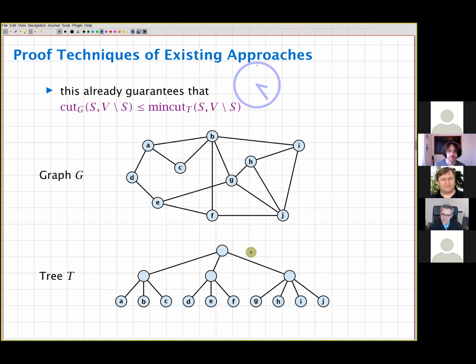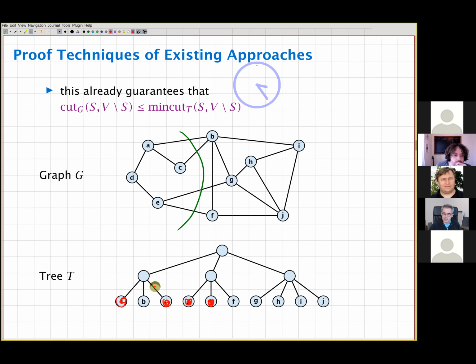So claim, this is one direction that we have to show. The cuts in the tree should be larger than the cuts in the graph. And why is this true? Suppose that I take some cut here in the graph. So this says, oh, I have these vertices on one side.